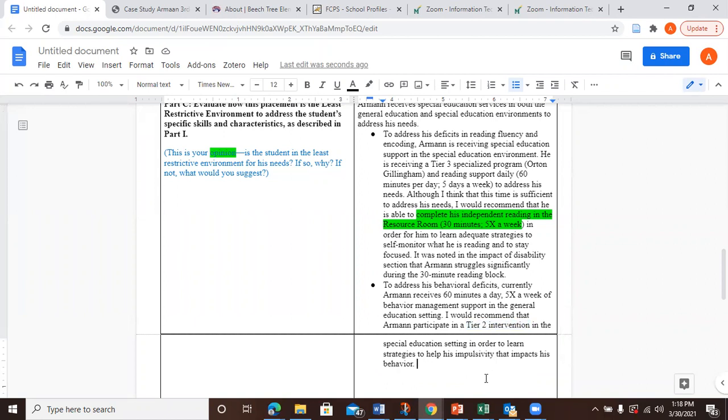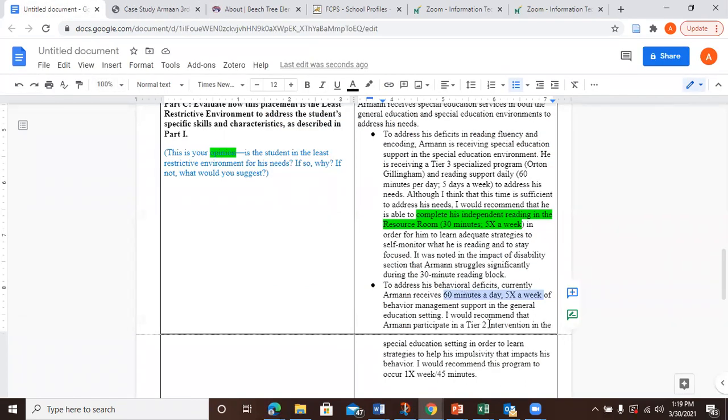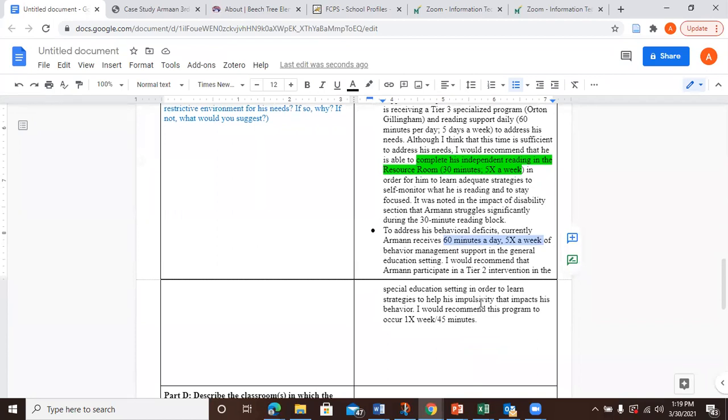I would recommend this program occur once per week for 45 minutes. Right now he's receiving 60 minutes a day, 5 times a week, but he still has a lot of difficulty adhering to behavioral expectations. So we want to provide him with a tier 2 intervention to learn strategies to help his impulsivity.